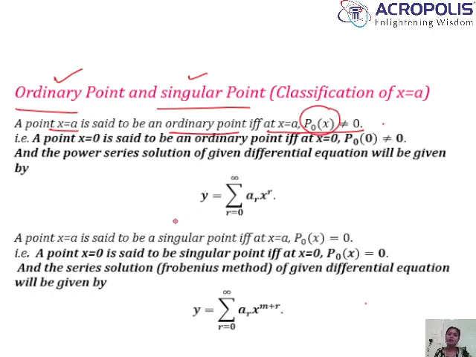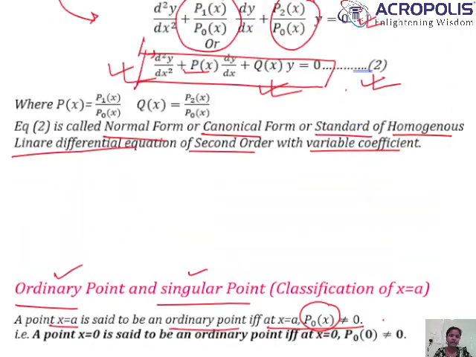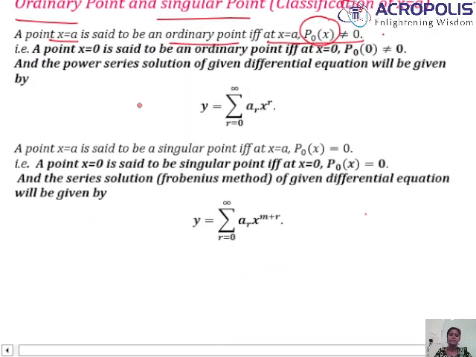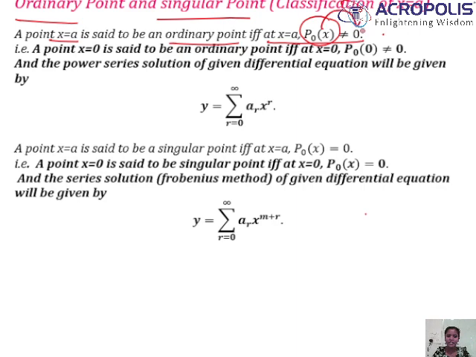This is the variable coefficient of d2y by dx square, which we have already seen in equation number one. When you substitute x equals a in p naught of x and this function does not vanish, that means it is not equal to 0, then you can say that x equals a is an ordinary point for the given differential equation.